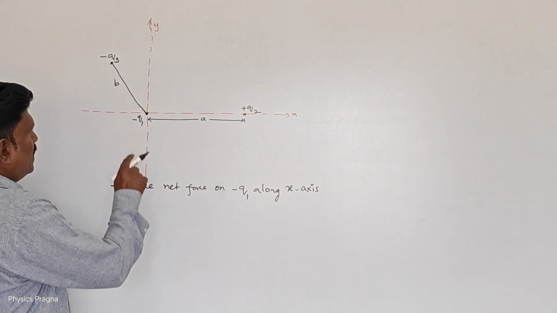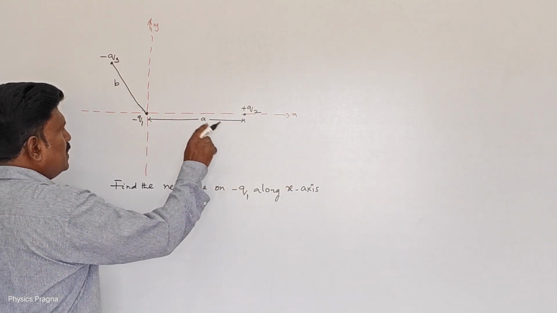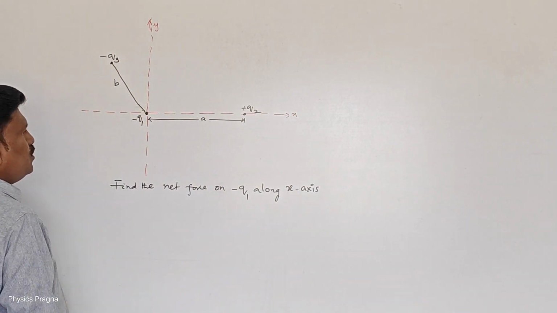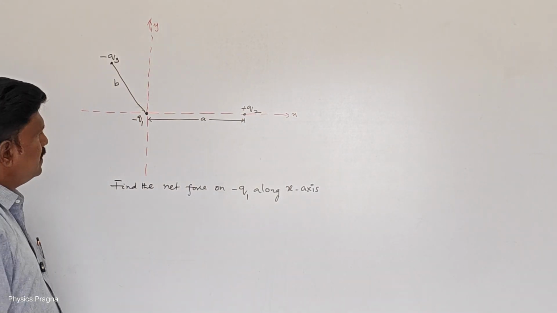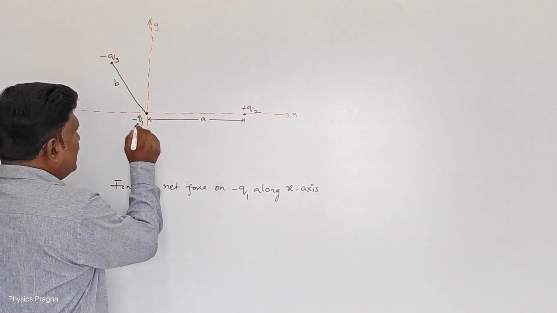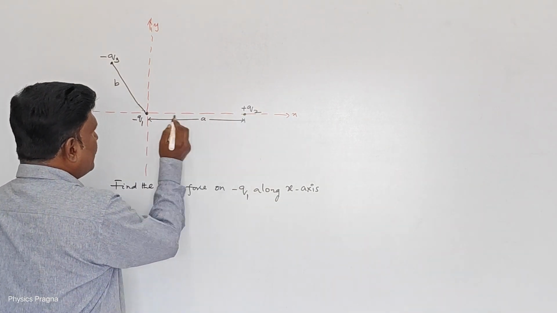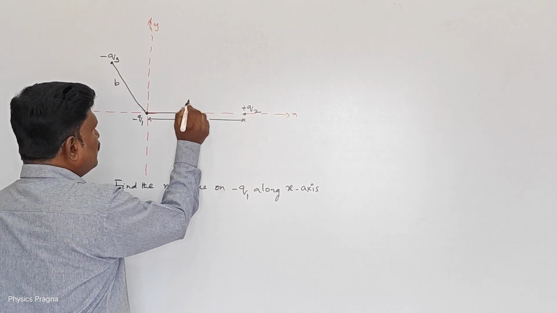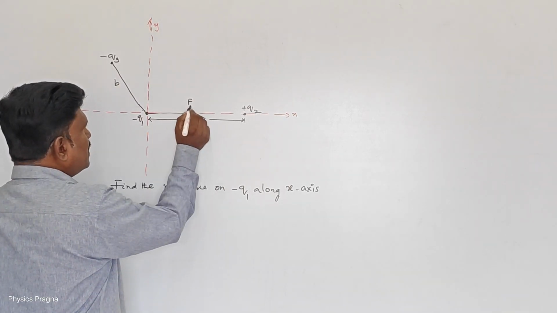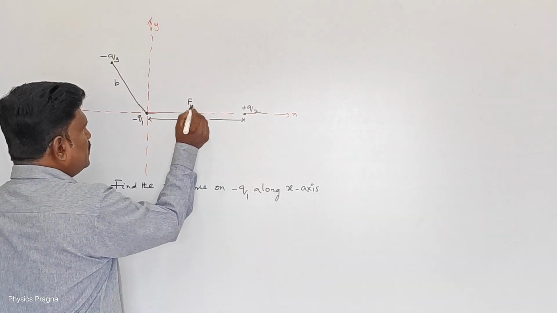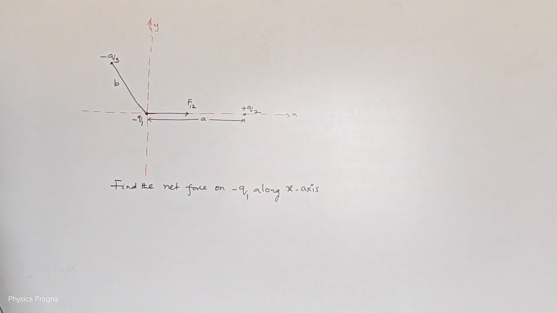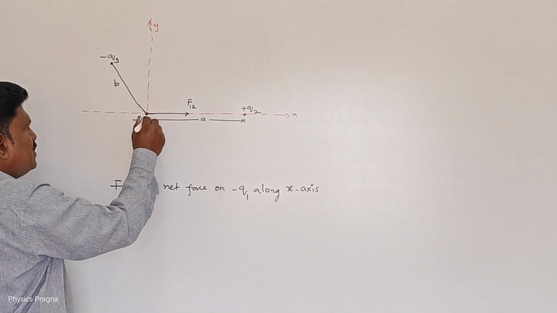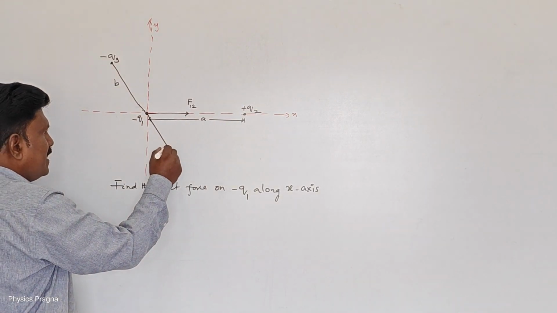This minus q1 is attracted by this plus q2 in this direction. This is the force on charge q1 due to q2. And this minus q3 will repel this minus q1 in this direction.